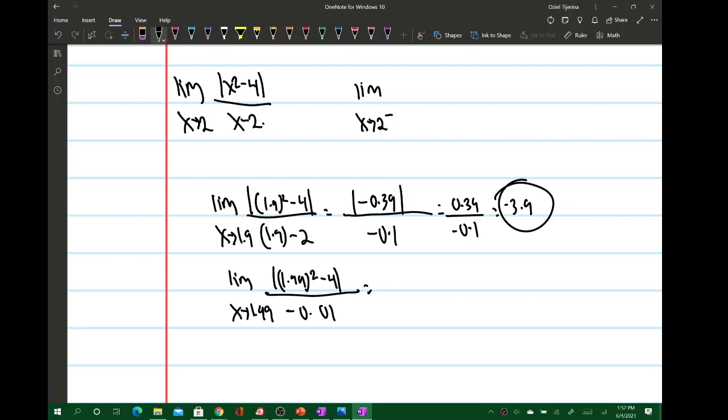This is equal to the absolute value of negative 0.0399 over negative 0.01, or 1/100th, right?